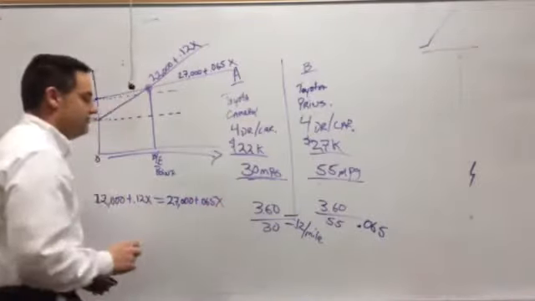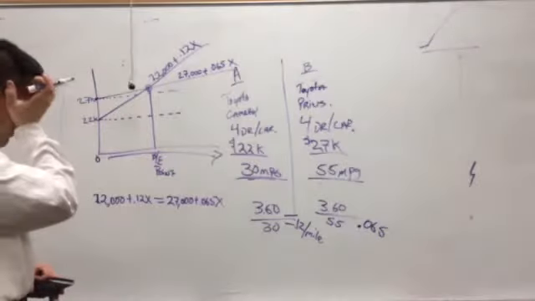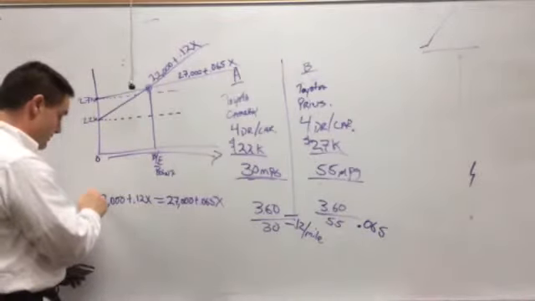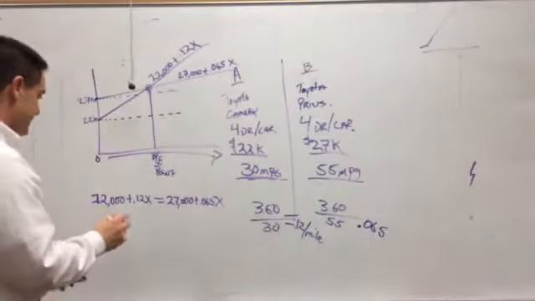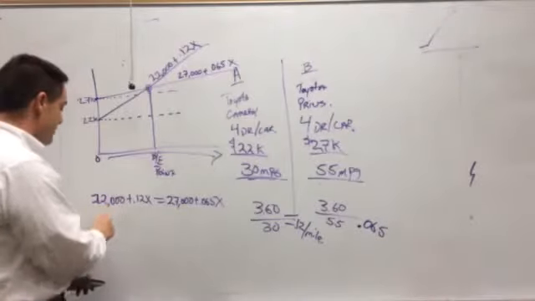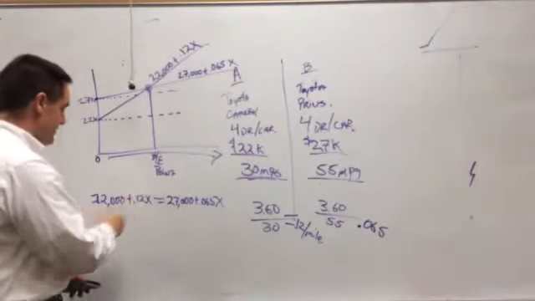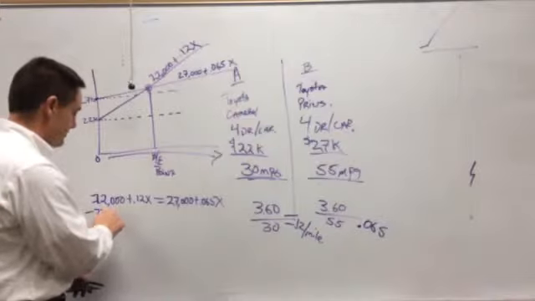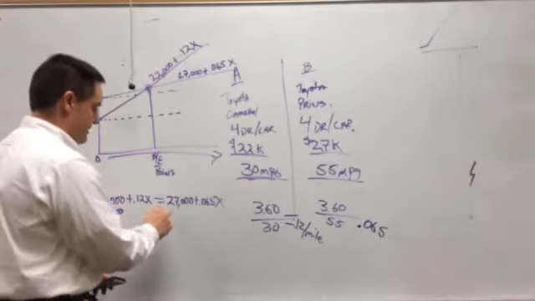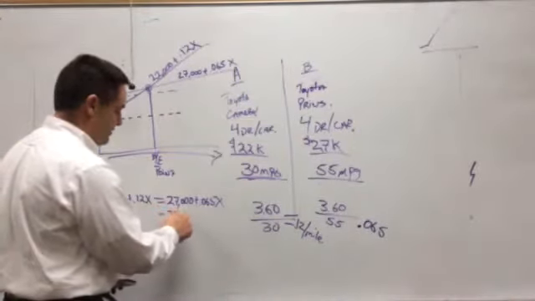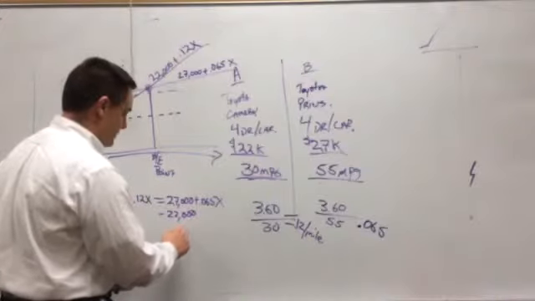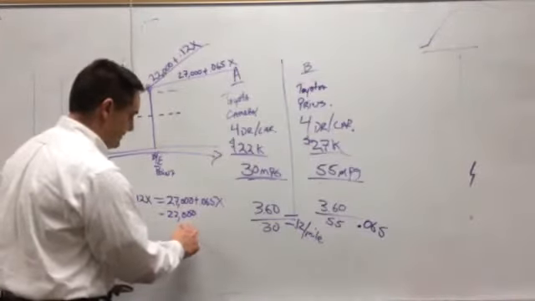And then what we would do is solve for x. If you remember from your days as a student in high school, if we subtract $22,000 on this side, we have to do the same thing over here. That leaves us with 5,000, right?